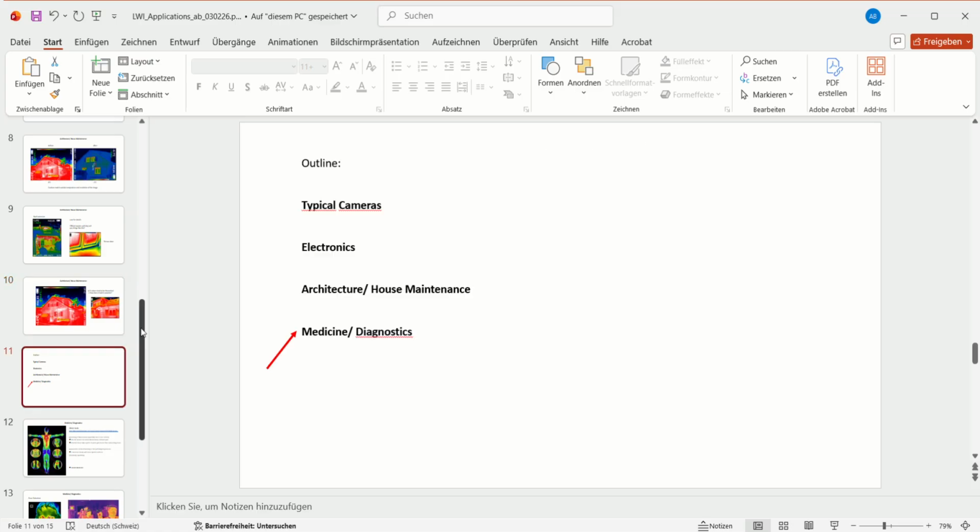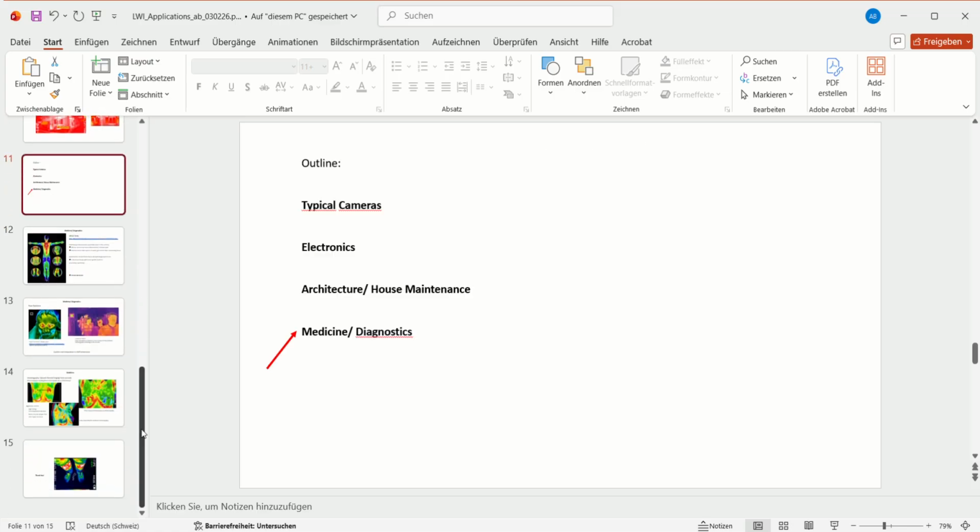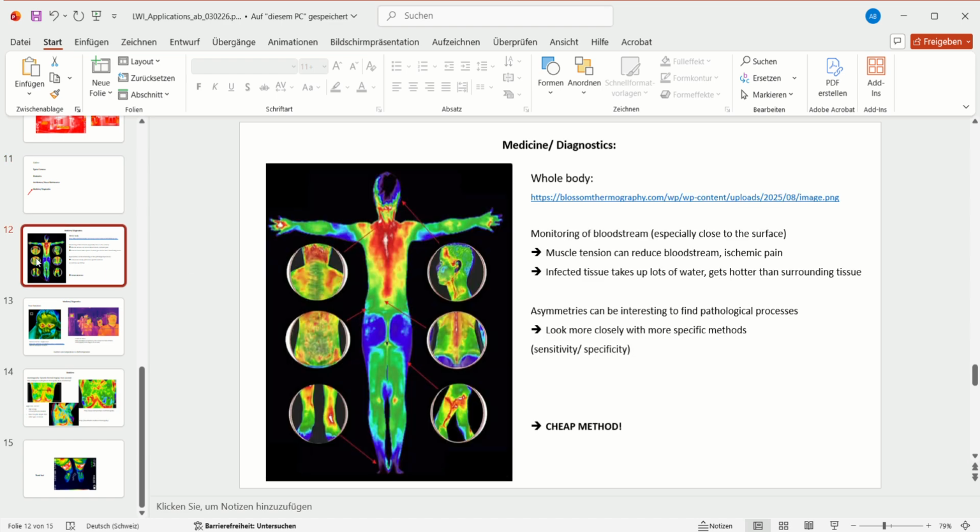Now the last range of application is the most difficult one, which is medicine and diagnostics. If you look at the body from outside, you can also see the hottest spots. Quite typically, the hottest spot is the neck of a person. The head is also quite warm normally.